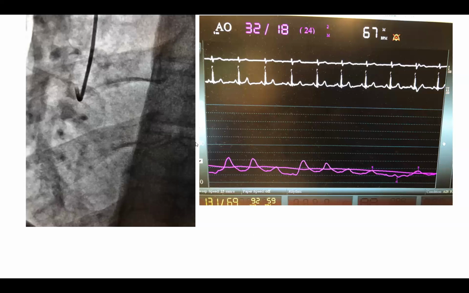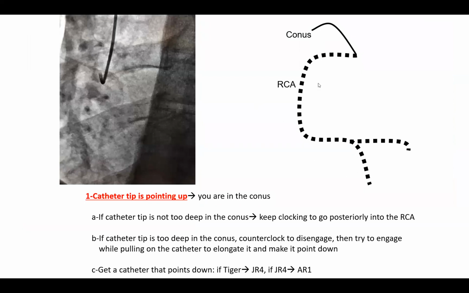The conus branch is a small, early arising branch of the RCA, and it's not infrequent that the catheter goes into it. This is how the conus branch is. It is smaller, but it's also more anterior and more upward looking.